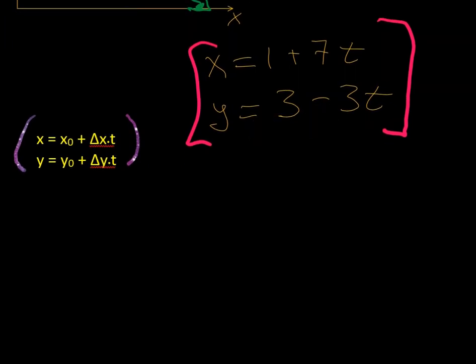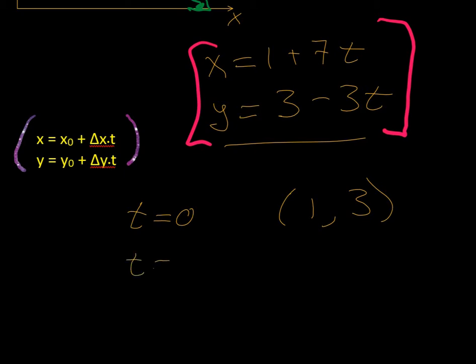Just a quick verification of what's going on. If you were to let t equal 0 in our equations, you would end up with x and y coordinates of 1 for the x value and 3 for the y value. I'm going to let you do that substitution. Let t be 0 and see what happens.